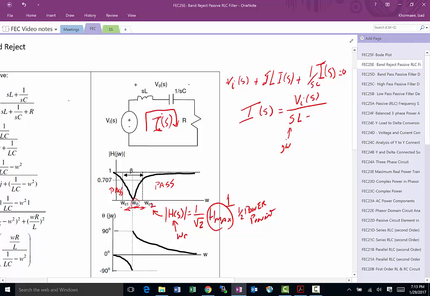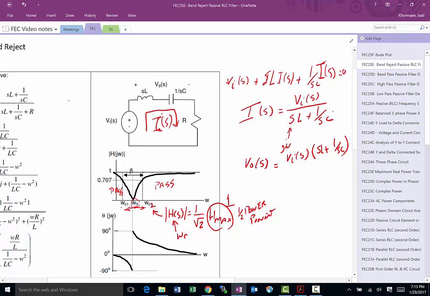Then V out of S is just going to be I of S times the total impedance here, so it's going to be V in of S times SL plus 1 over SC.